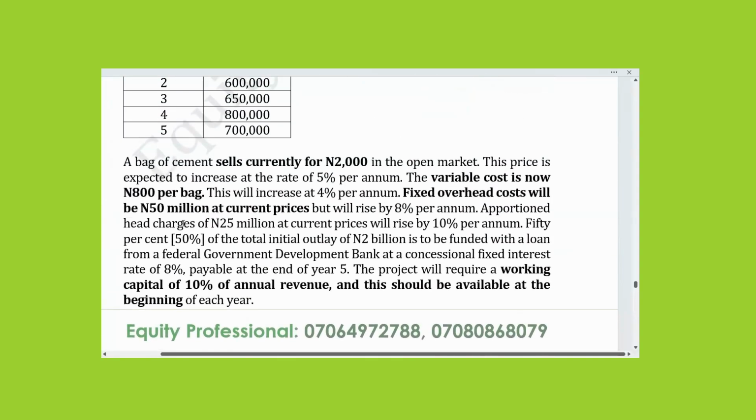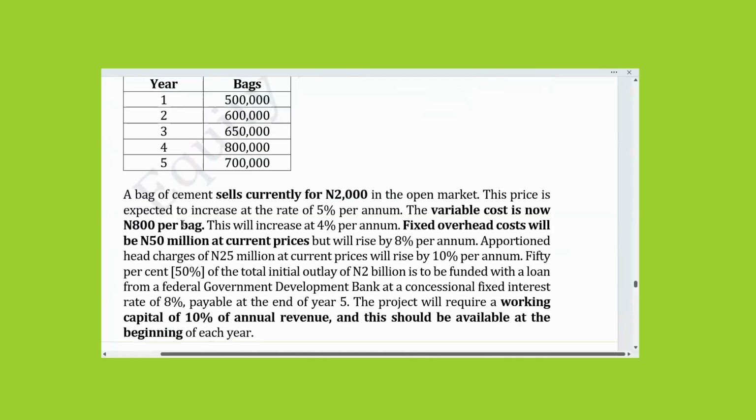All right. Now, for the purpose of the students that I've not explained inflation for: when you are evaluating a project, if you are given inflation rates, you need to incorporate inflation into your cash flow. We have two types of inflation, general inflation and specific inflation.